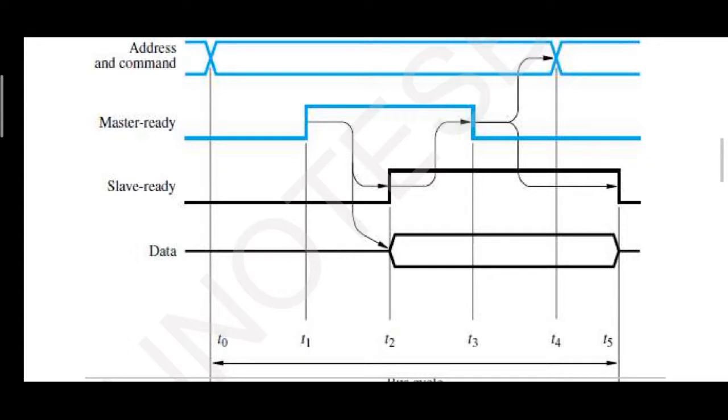Slave ready will be asserted. Once the slave ready is asserted, data session will be initiated at the same interval. So at what interval is the data session initiated? Data session is initiated at T2, because the slave is ready. Slave ready signal is asserted at T2. At the same moment, data session is initiated by master.